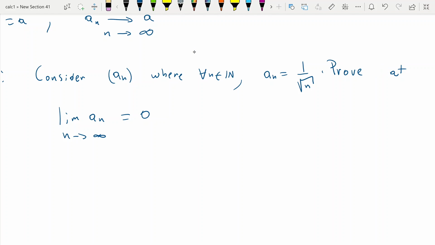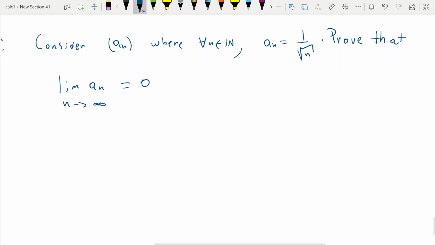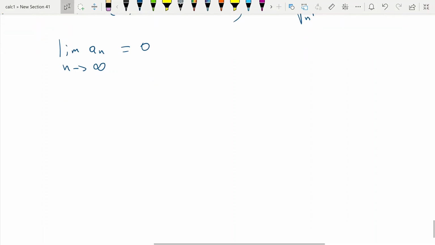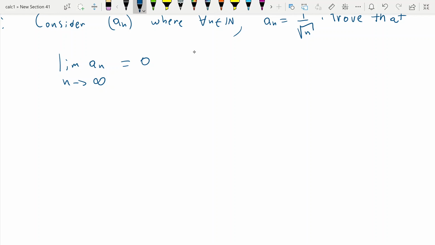So prove this fact. So what is the task? What is the solution here?